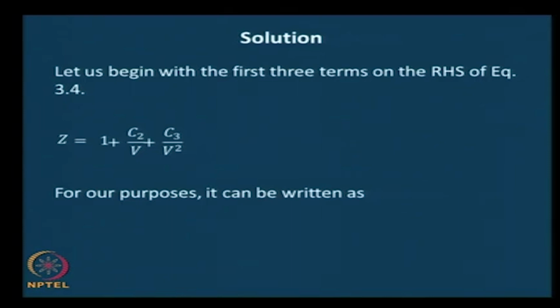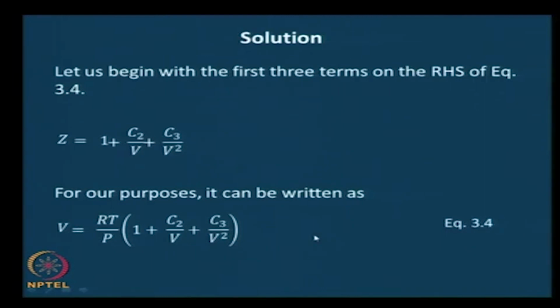We are trying to find out the volume, and therefore, we need to express this in terms of the volume. Therefore, for our purposes, Z is nothing but PV by RT. If you multiply both sides by RT by P, V remains here, the remaining terms get cancelled out, and we get V equals RT by P into 1 plus C2 by V plus C3 by V squared.